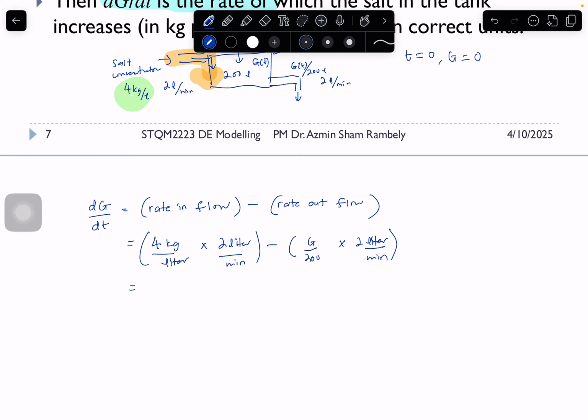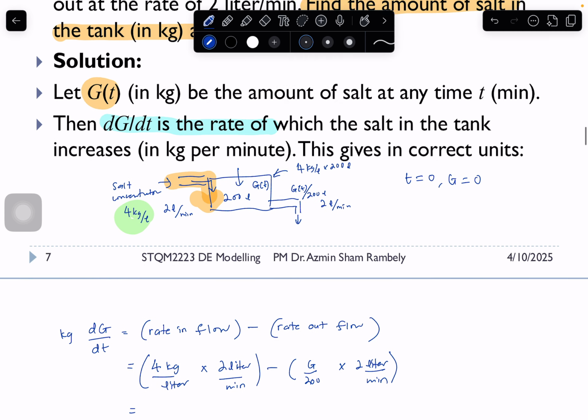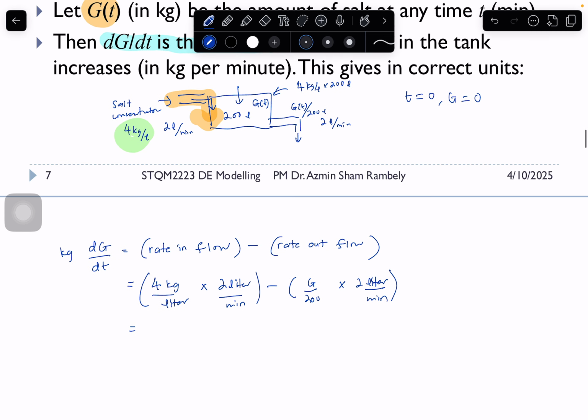Okay, now if you look at the units, G is in kilogram, the amount of salt is in kilogram and time is in minute, so to make this equation correct, whatever the unit on the left hand side, kilogram per minute, is the same on the right hand side.